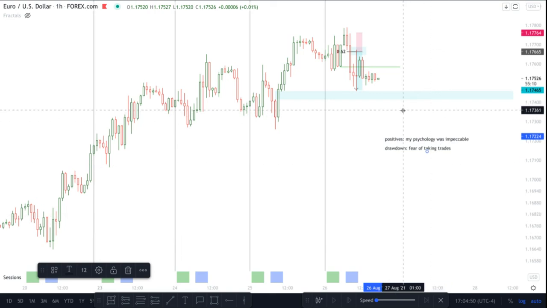You're not aiming for perfection, you're just aiming for executing your rule-based process with a statistical edge, and just having faith that that edge would allow you to be profitable at the end of a series of trades.